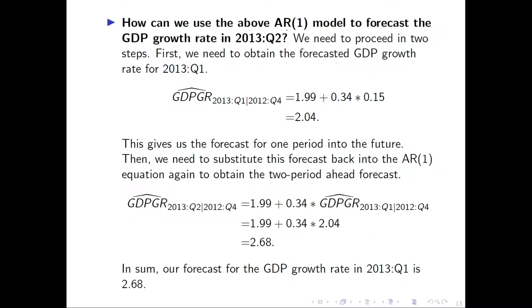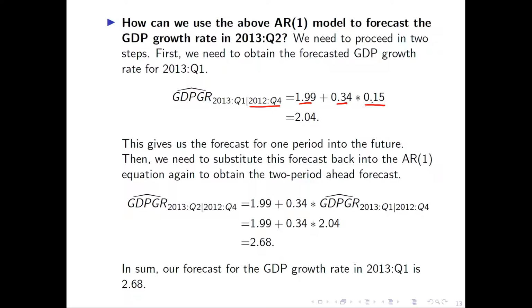So we use our model, and we use the coefficients which we estimated in the previous step, and now we use our last known value of the GDP growth rate, which was the one for 2012 quarter 4. This is the last information we have, and that was 0.15.